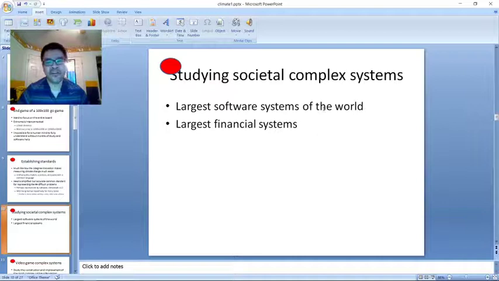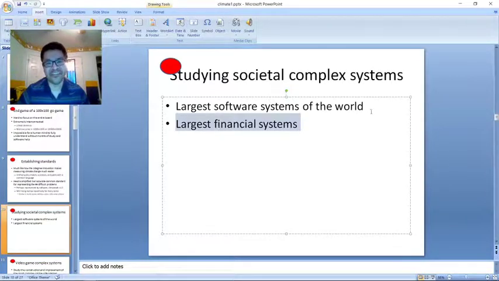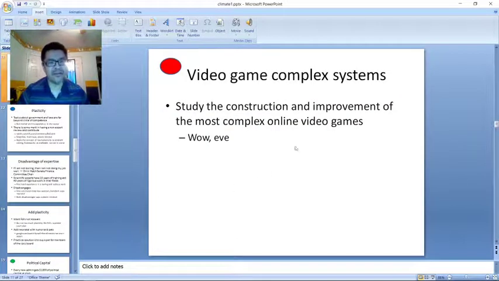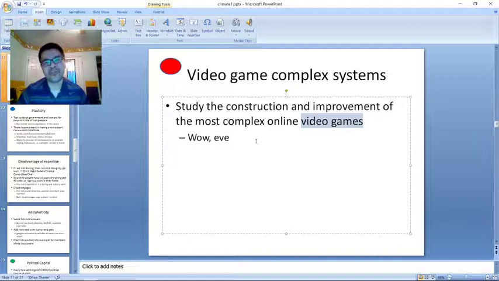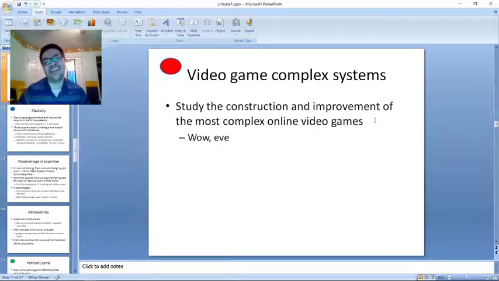For studying, we can study the largest software systems of the world and the largest financial systems of the world, and also we could study the largest online video games of the world, like World of Warcraft and EVE Online, because they have to update their software relentlessly to retain their viewers. So it's interesting to see how they change their framework, how they develop their framework, and how they keep track of it all.